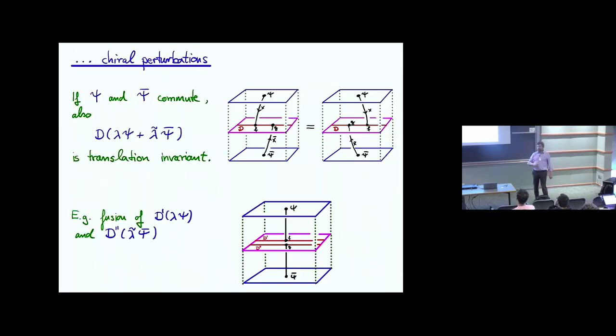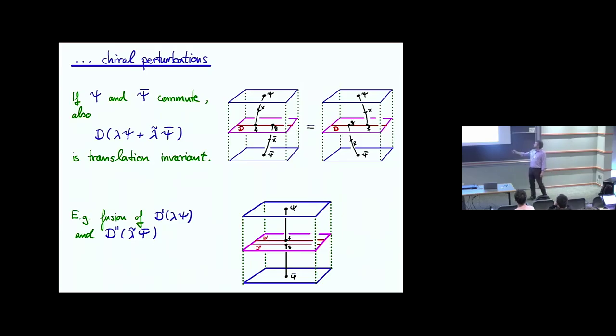The answer is yes, provided that the two fields commute on the defect. If your holomorphic and anti-holomorphic defect fields commute, then you can do this joint perturbation with independent perturbing strengths, and that's still translationally invariant. This condition that they commute, in my chiral TFT picture, means that these two diagrams are equal.